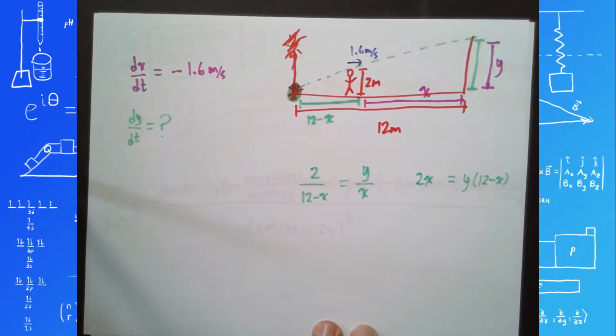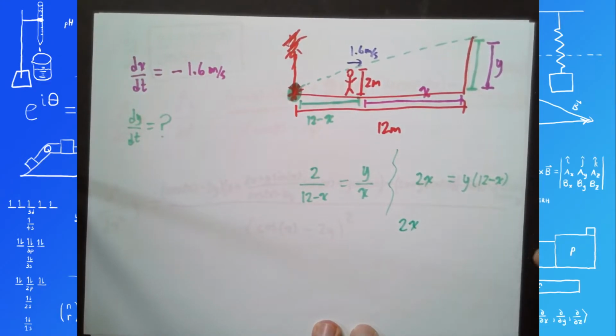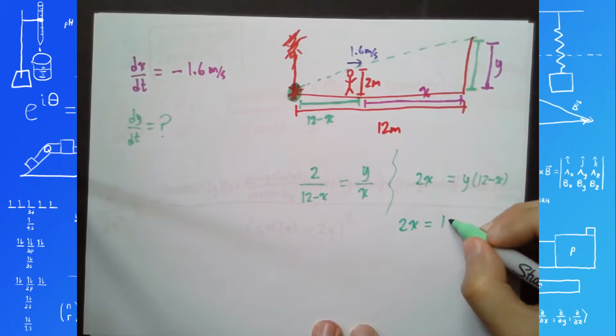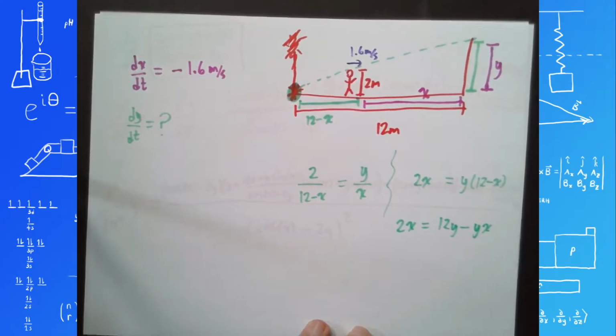Do I want to distribute the y or divide the 12 minus x? I think I'd rather distribute the y. Yeah, that's the way I'm going to do it, though you could do it the other way if you really wanted to. So 2x is equal to 12y minus yx.